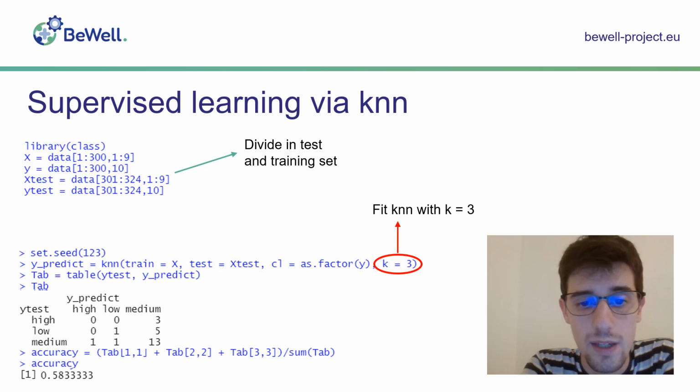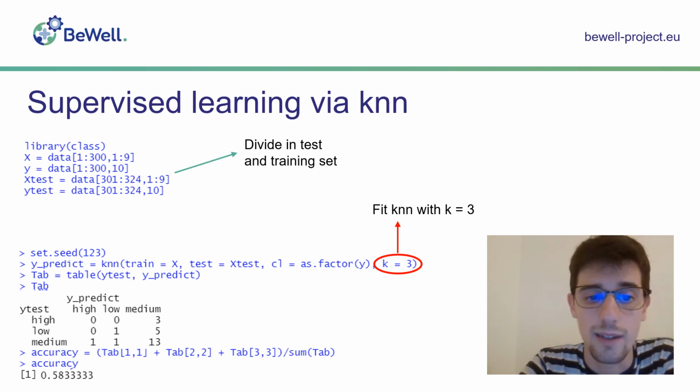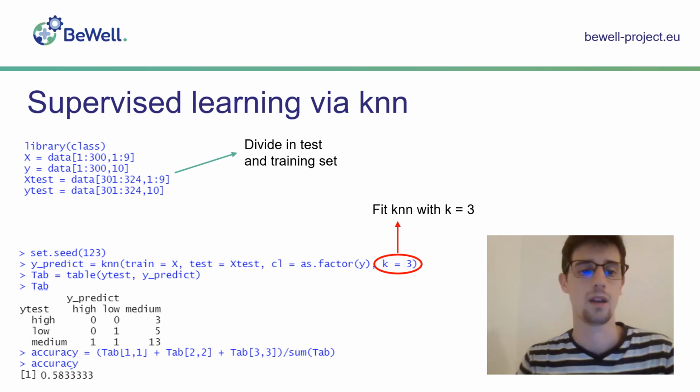As usual, since we do not have any new patient to test our model on, we divide the data in test and training set. The idea is the usual one. We train our model on the training data, we use the estimated model on the variable in the test set to predict the new labels, which will be compared to the real ones in order to have an idea of how well our model is performing.